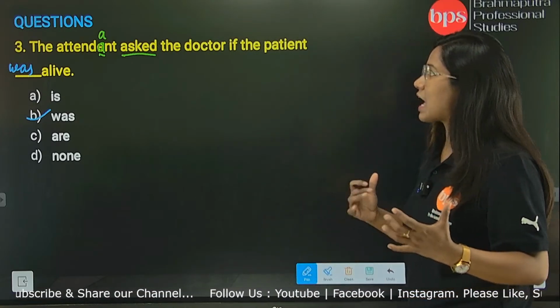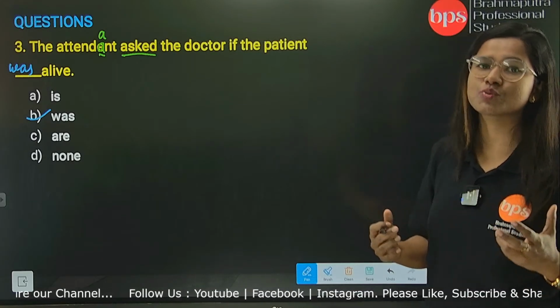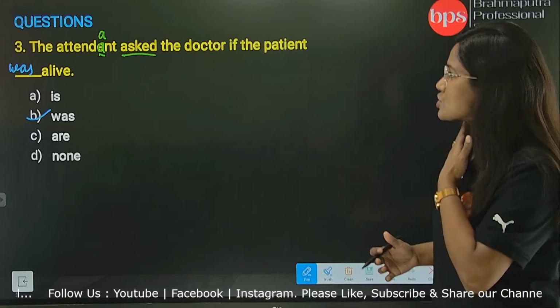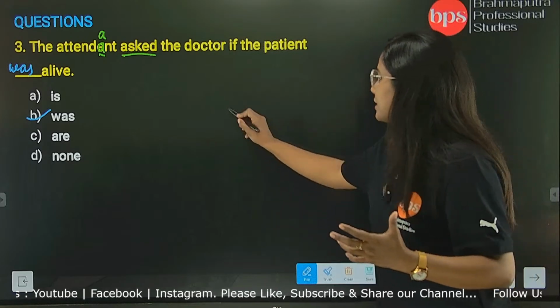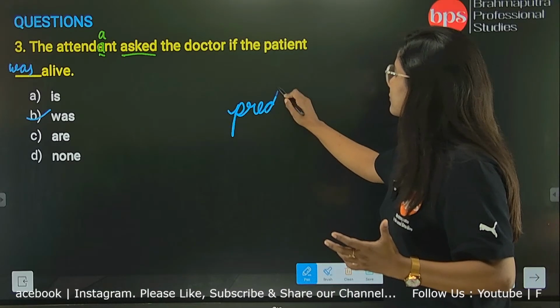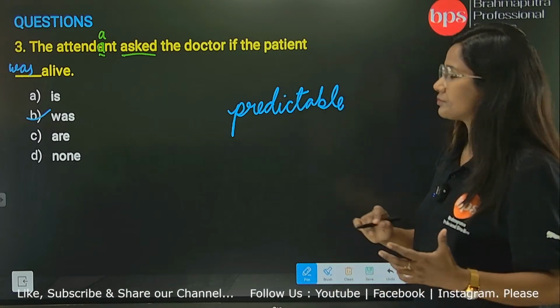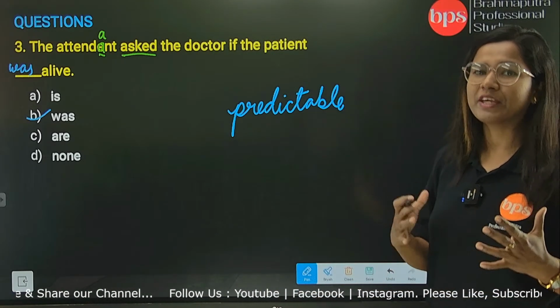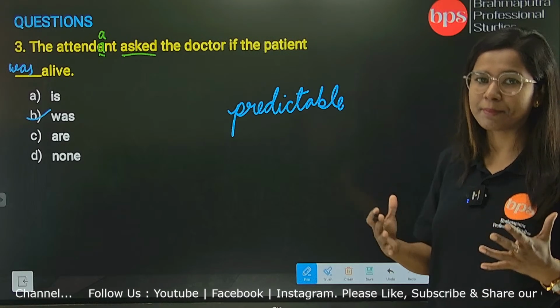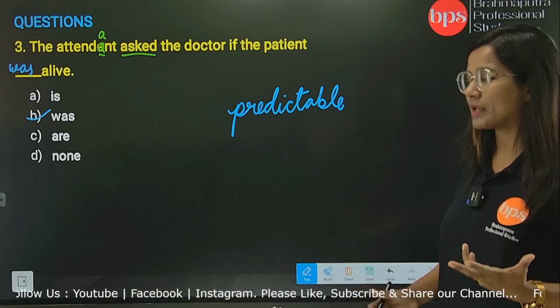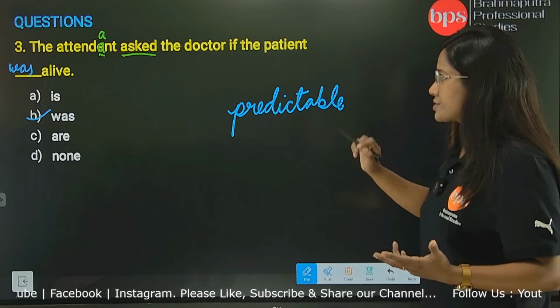So the attendant asks the doctor if the patient was alive. Okay. So there is also the predictability, if the patient or if the accident happened or not. So that kind of predictable we put was.